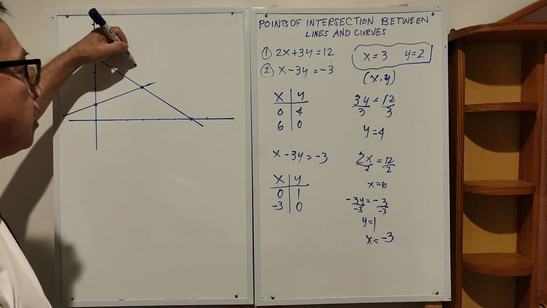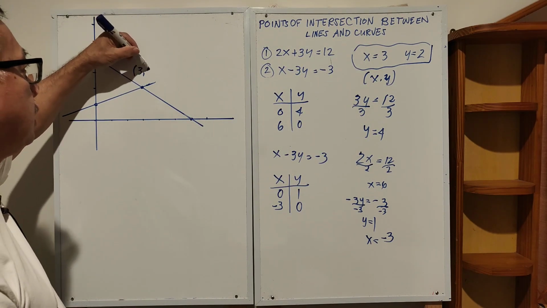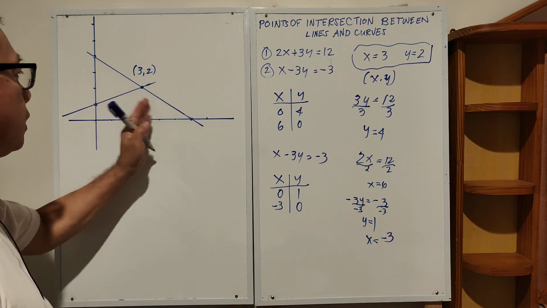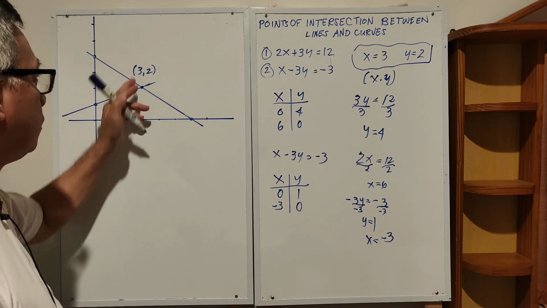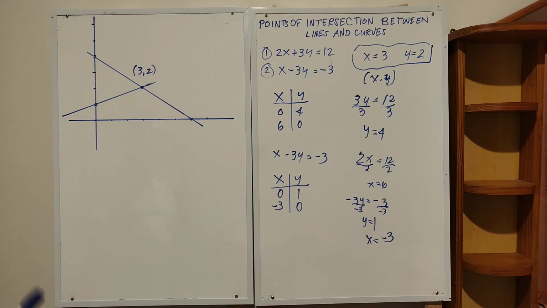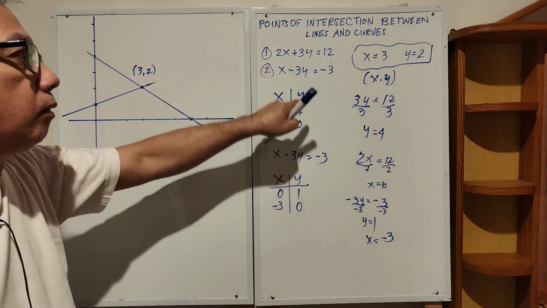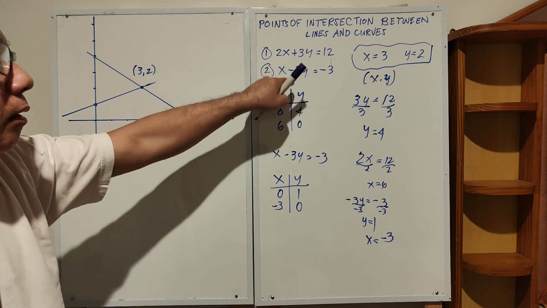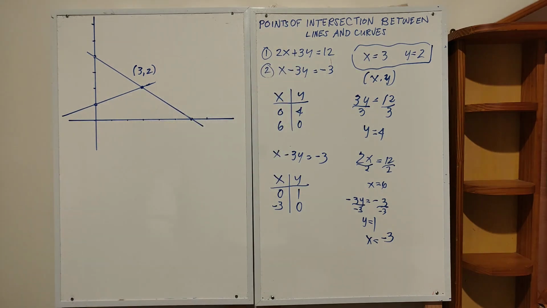This is 3, 2. So 1, 2, 3 for the x, and then 1, 2. So that is how you find the points of intersection between two lines. So solve for the variables of the two lines.